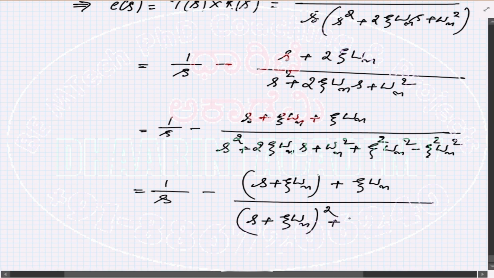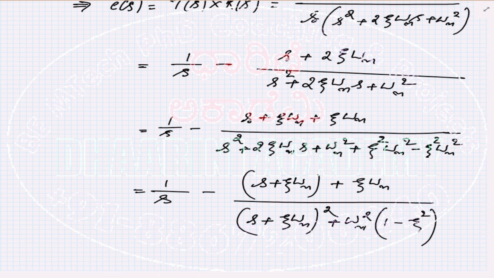I can take omega n square outside and write it as 1 minus zeta square.